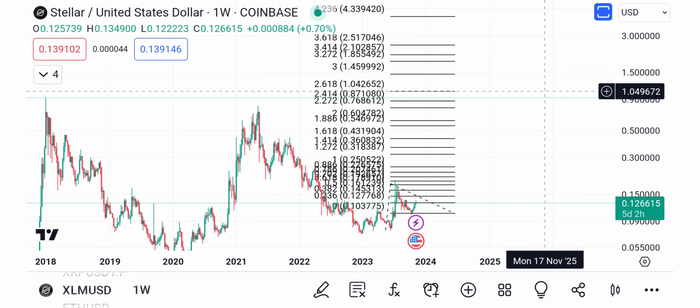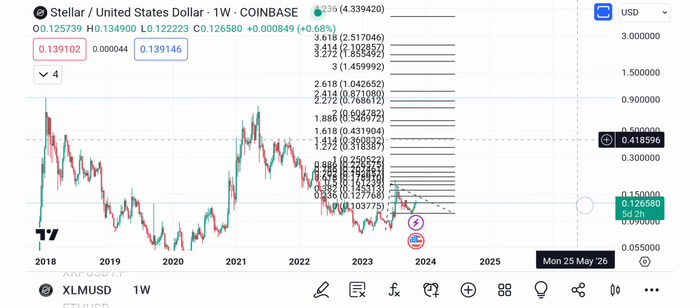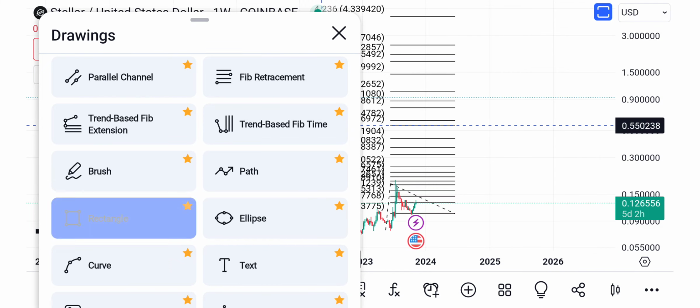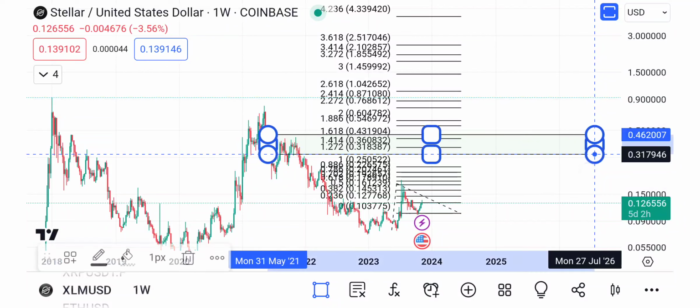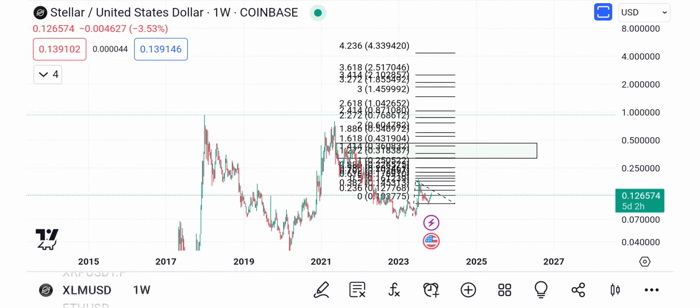If it's not, and it's just a regular impulse, then I'm looking at 43 cents, or around the 1.618, which would be this area right in here. I think we need to get into these retracement levels, right? Once we get into those retracement levels, that's when you're going to totally tell the difference.